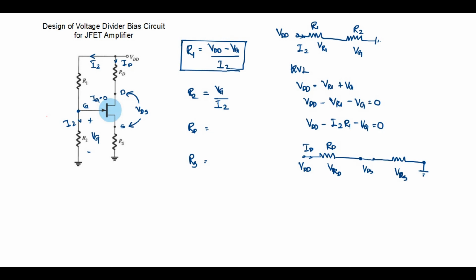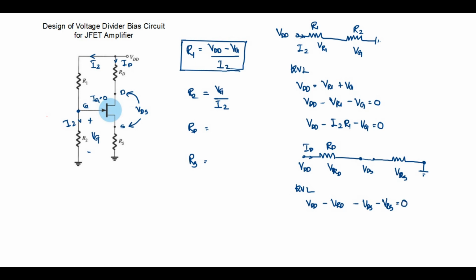Now we want to analyze the circuit in order to find RD. If you write Kirchhoff's voltage law again, by applying KVL we have VDD minus VRD minus VDS minus VRS is equal to 0. We will substitute the other values.